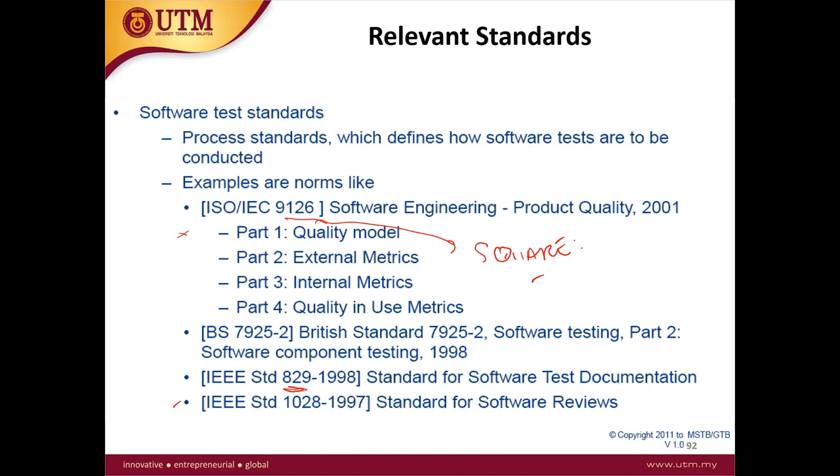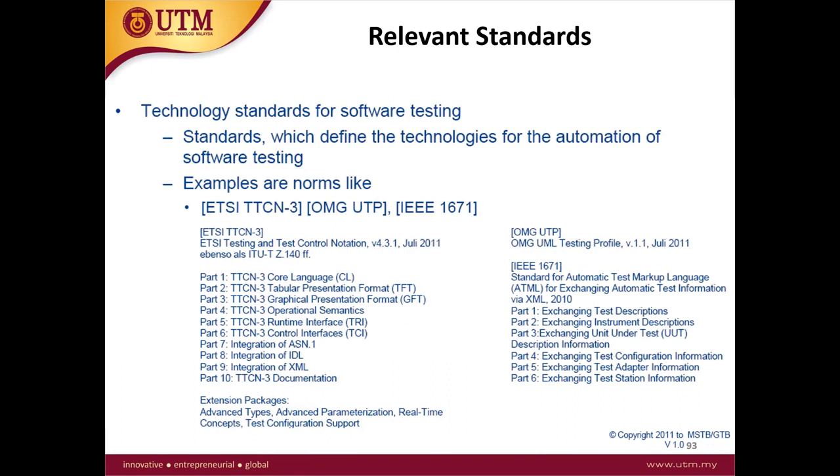You must keep yourself up to date with these standards if you work in software development, software engineering, software testing or quality assurance. These are also a number of technology standards that we have.